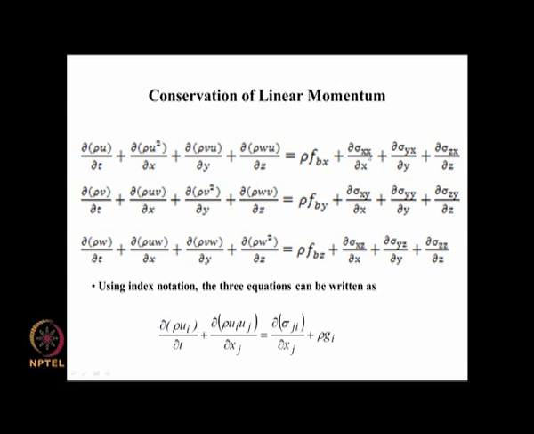Why is it so? If you consider these three terms here, in this x the second index is unchanging, only the first index is changing, taking the values of x, y, z here. So, when you consider the x momentum equation, then i is not changing, so the direction representing the force acting is not changing.